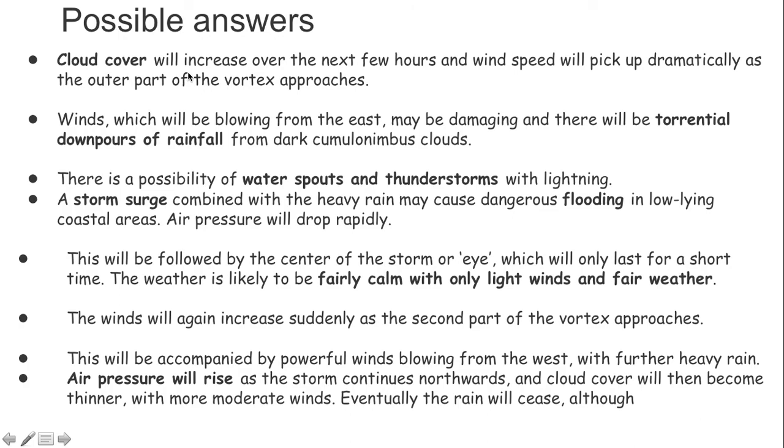We've got cloud cover, okay? Wind speed picking up. We've got winds blowing from the east, because you're talking about being in Florida. Downpours of rainfall, okay? Possible waterspouts and thunderstorms, okay? A storm surge, okay? These are one of the most dangerous parts that can come with a hurricane, and we talked about them earlier.